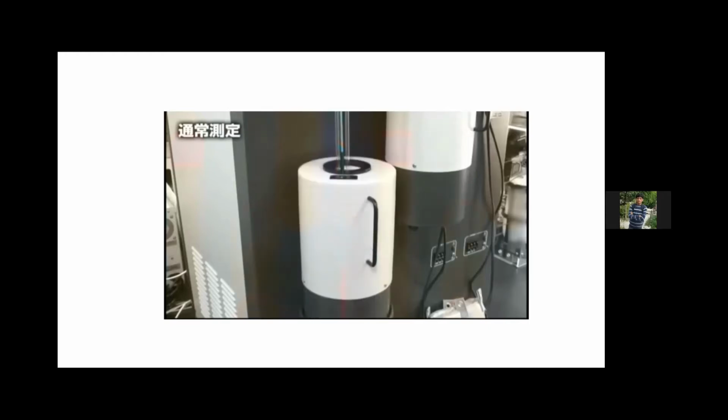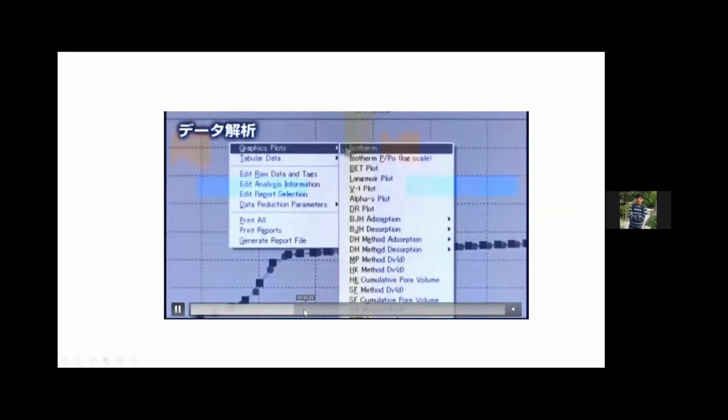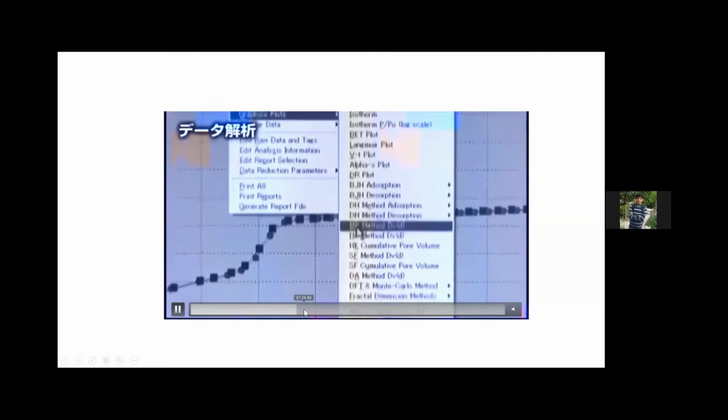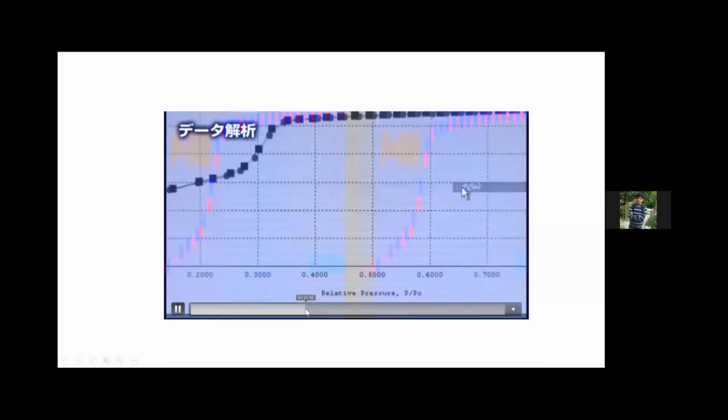So nitrogen is absorbed, and then we release the pressure and nitrogen is desorbed. From the amount of absorbance and the differences, we get the absorption and desorption spectra, and from that we have some equations. We can calculate the surface area and also the pore size distribution. For example, we have this pore distribution as.